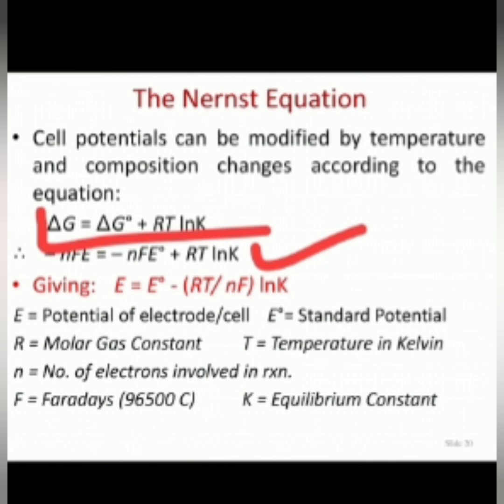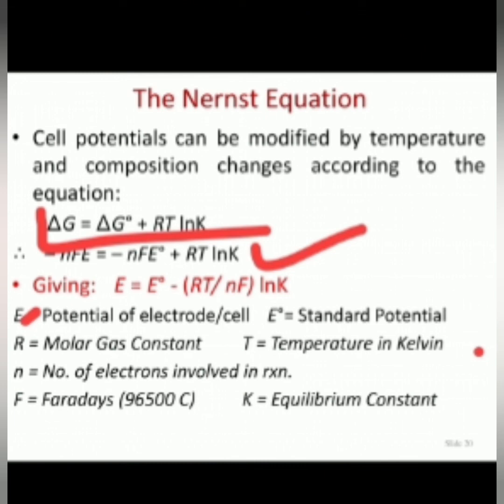Here E is the potential of the electrode, E naught is the standard potential, R is the molar gas constant, T is temperature in Kelvin, and n is the number of electrons involved in the reaction. It may be loss or gain of electrons, because the reaction occurs in redox reactions.